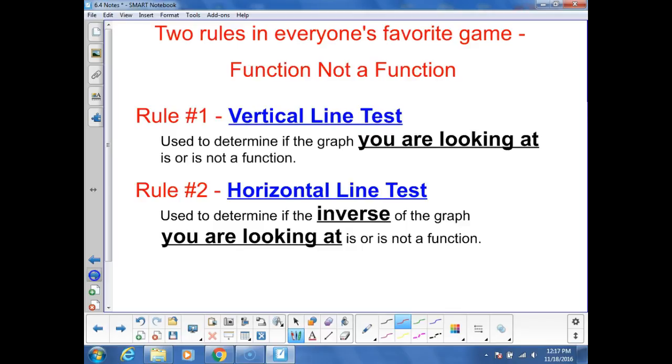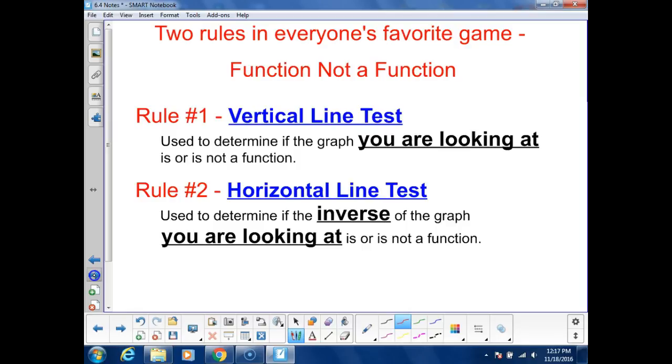So the vertical line test is used to determine if what I'm looking at is a function or not. The horizontal line test is used to determine if the inverse of what I'm looking at is a function or not.